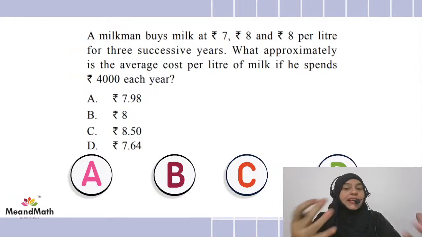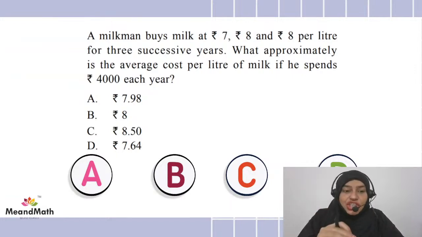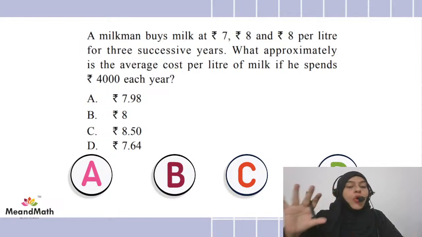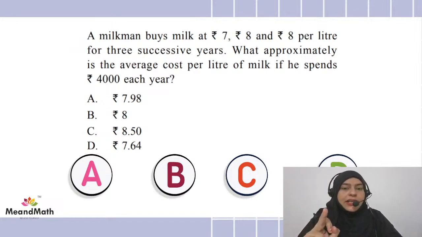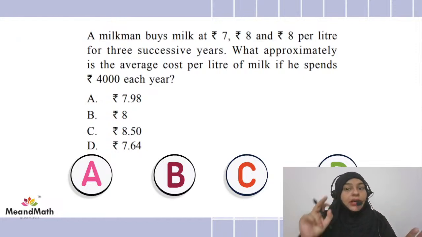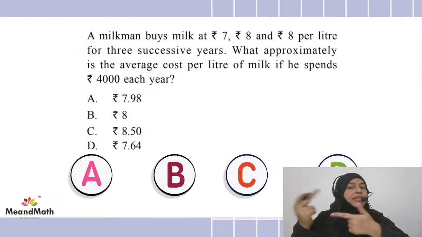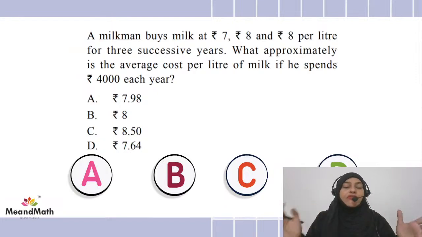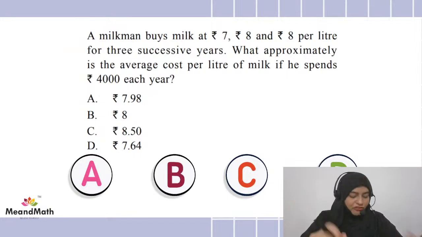Okay, so what they are saying, each year he is paying a total of 4,000 rupees, and for 1 liter he is spending rupees 7 in the first year, rupees 8 in the second year, and rupees 8 in the third year. Okay, so they are asking what is the average cost.